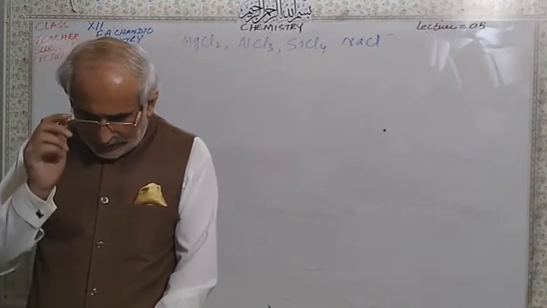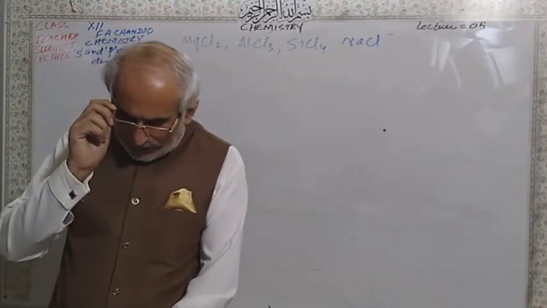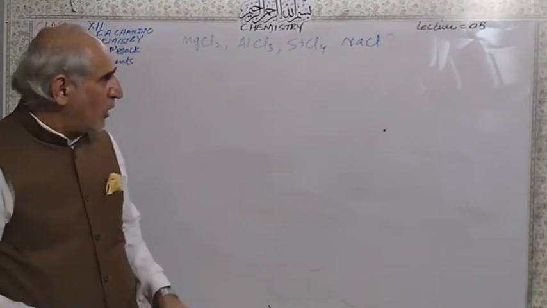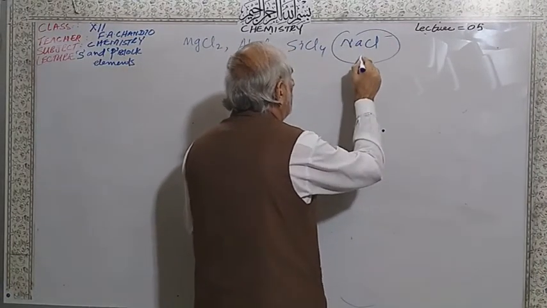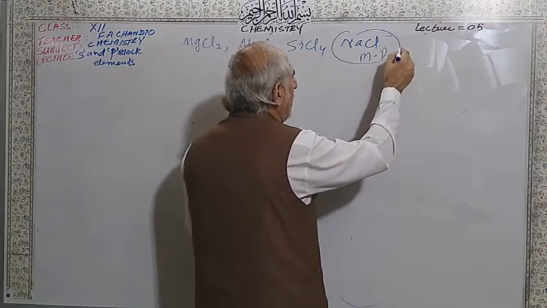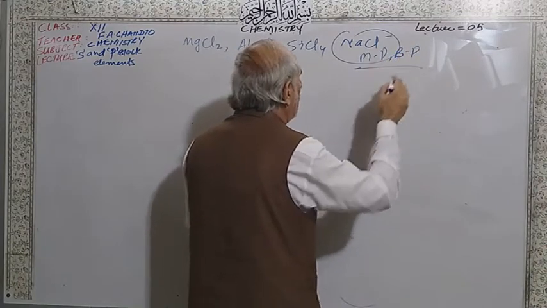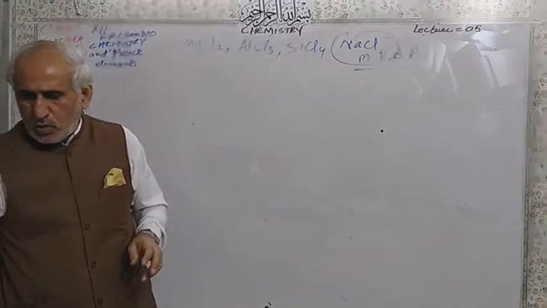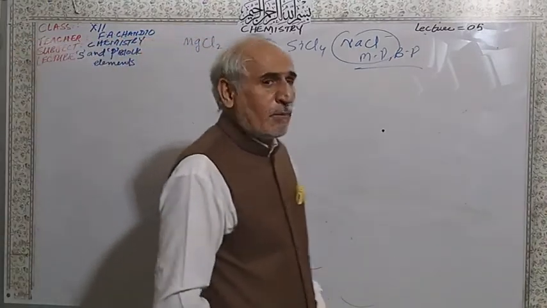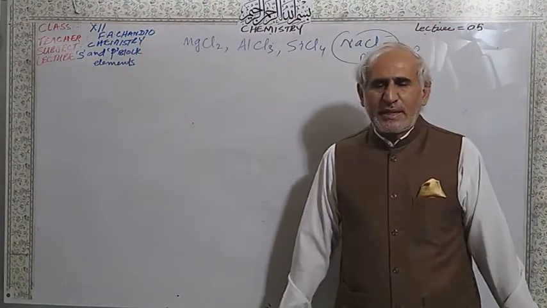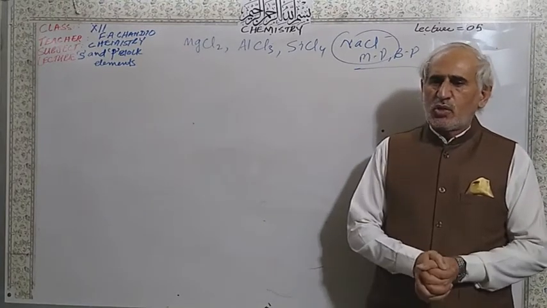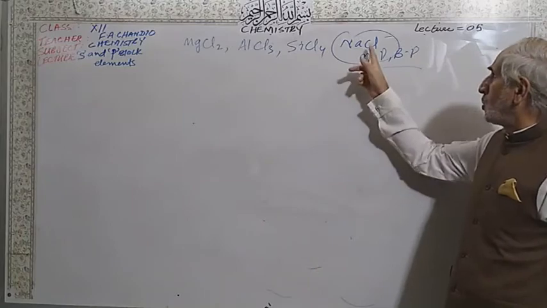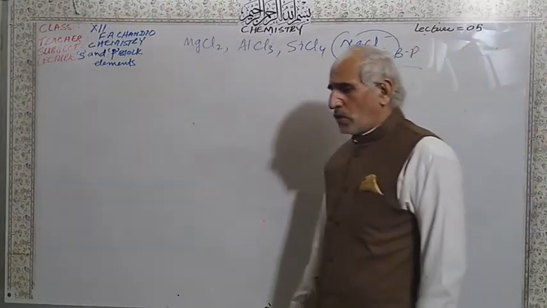Magnesium chloride, I think you've seen, gives about pH 6, very slightly acidic. If you go back and see the topics here, yes, magnesium chloride will give approximately pH 6.